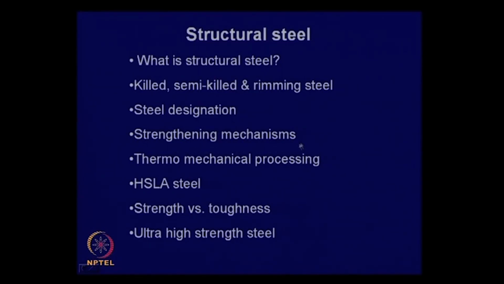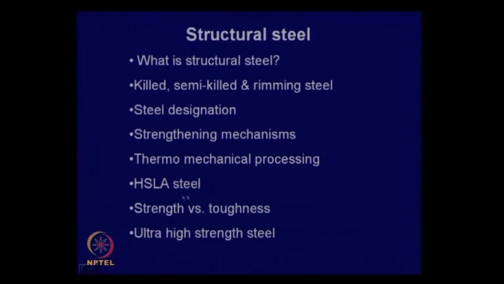But most of these applications demand the best combination of strength and toughness, and this is where grain refinement comes in handy. The maximum emphasis has been given to grain refinement, and that is the very basis of thermomechanical processing. We shall talk about how it has helped in producing a range of high strength low alloy steels where alloy content may be extremely small.